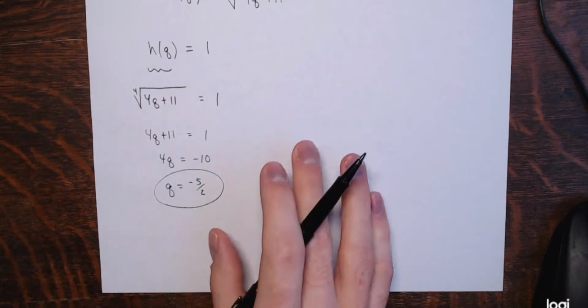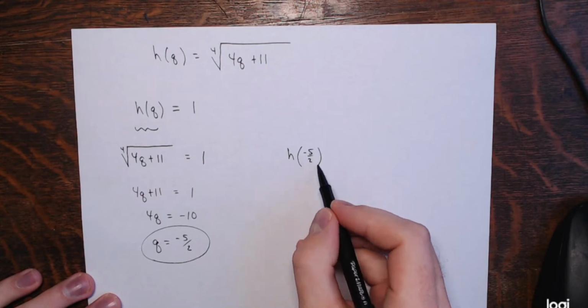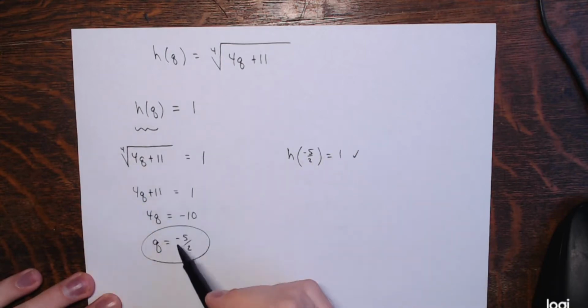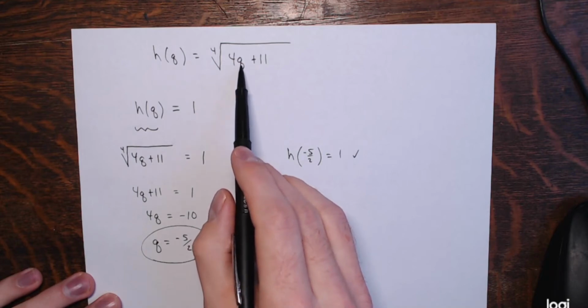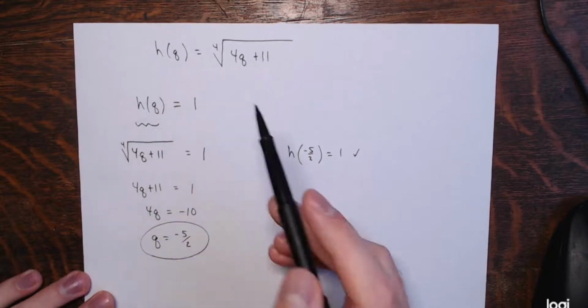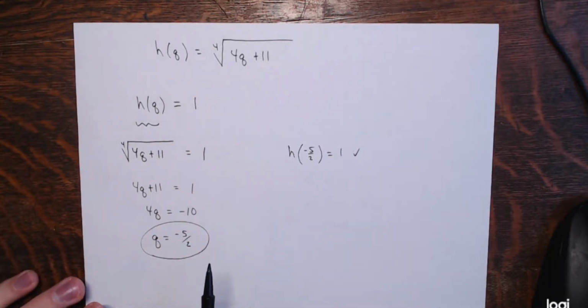And then if you want to check, is h of -5 halves equal to 1? It should be. Now I can do this pretty quickly. 4 times negative 5 halves would be negative 10. Negative 10 plus 11 would be 1. The fourth root of 1 is indeed 1. Remember, this symbol means the non-negative fourth root. So don't say it's negative 1.